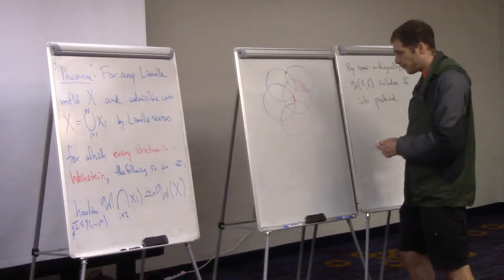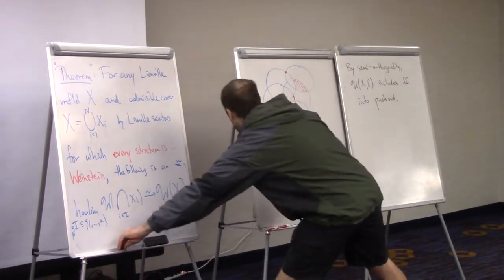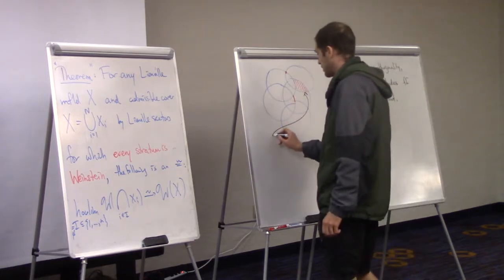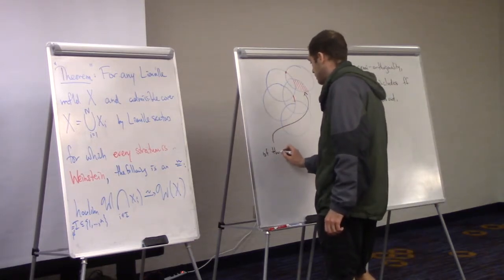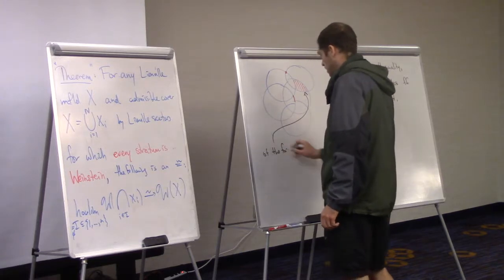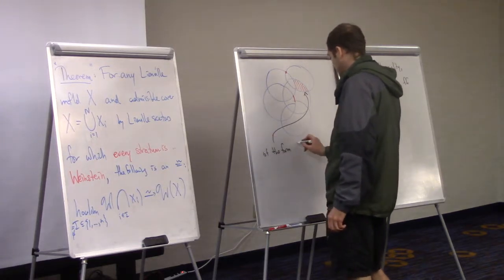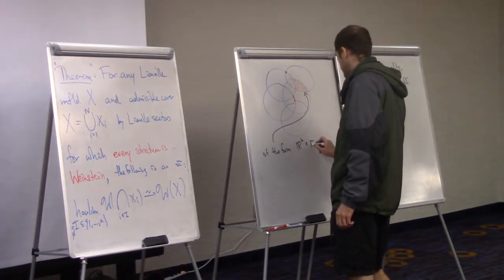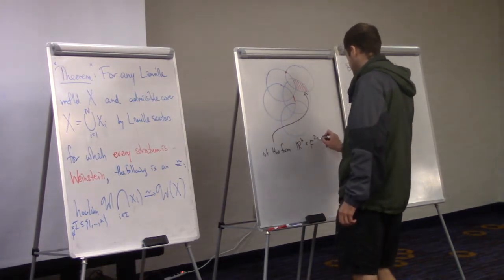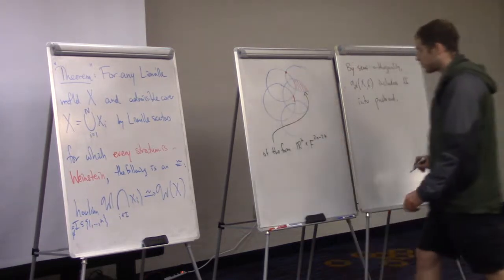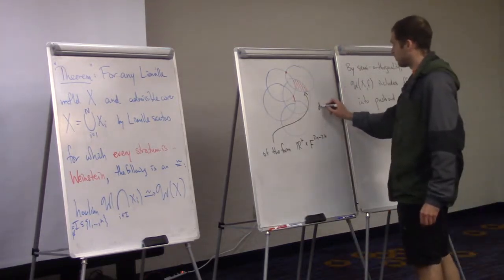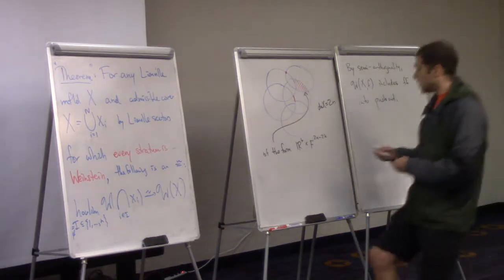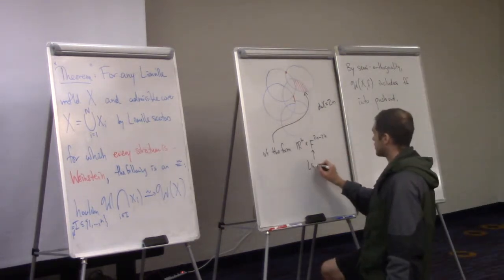Every stratum is also of the form R^k cross F^{2n-2k}, where dim X is 2n, and F is a Liouville sector.